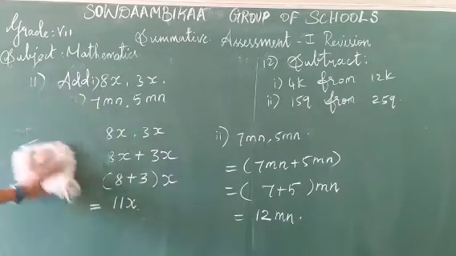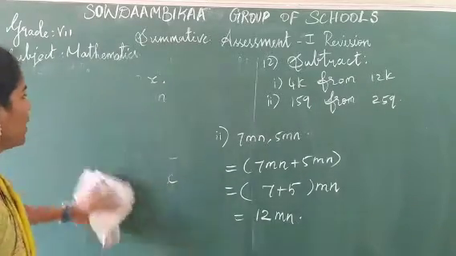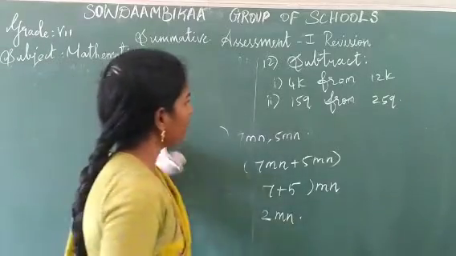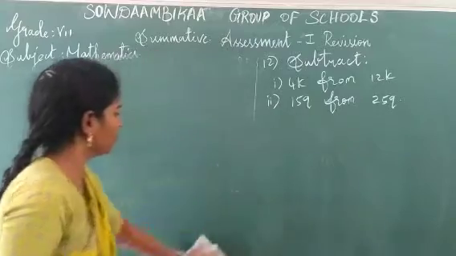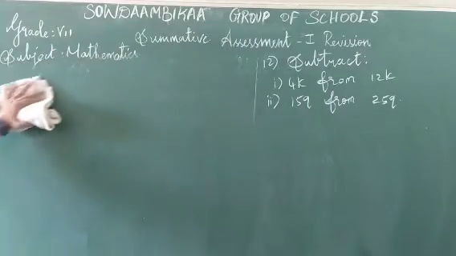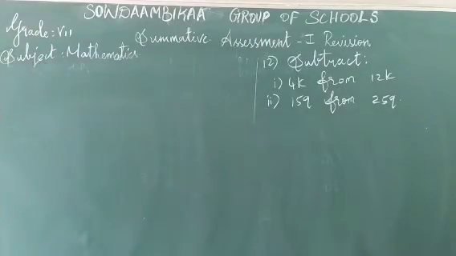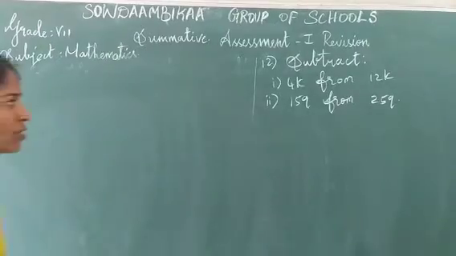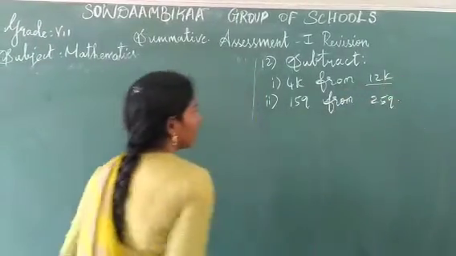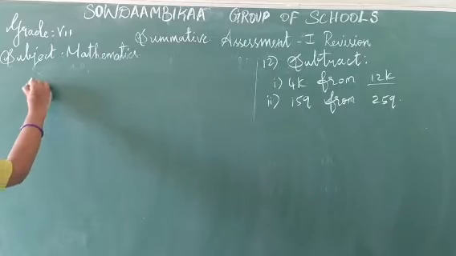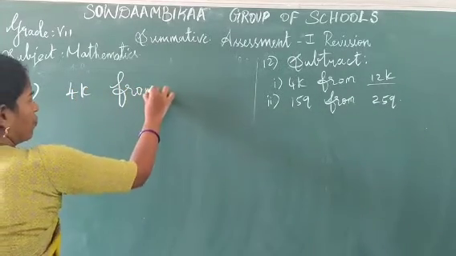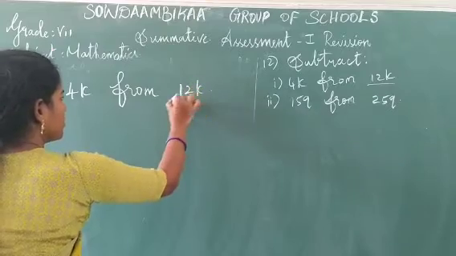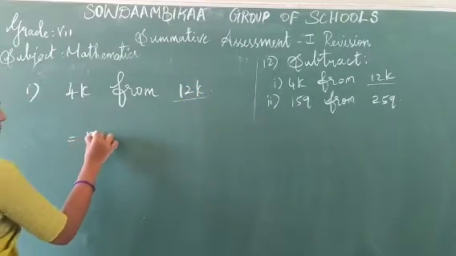Then what is the next sum? Subtract 4k from 12k. And the second one, 15q from 25q. Listen. Subtraction is very simple here. From means we have to first write this number. First point, 12th sum, 4k from 12k. First we have to write down this number 12k.